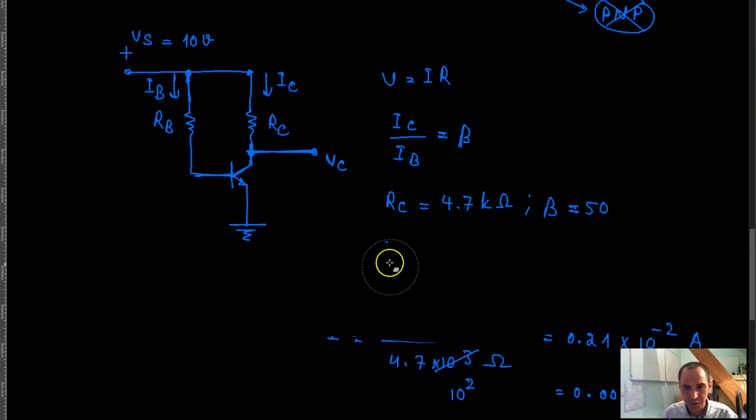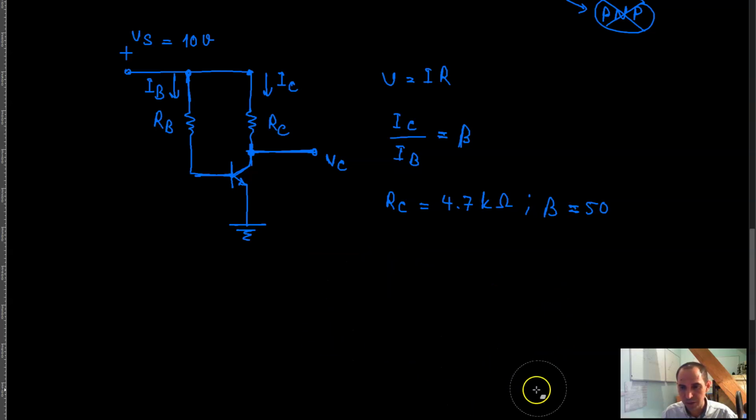So that means that I of C is supposed to be 2.1 milliamps, so that the whole supply voltage is dropped across this resistor, and then there is no voltage drop across this PN junction, and then this becomes a switch, essentially, right?